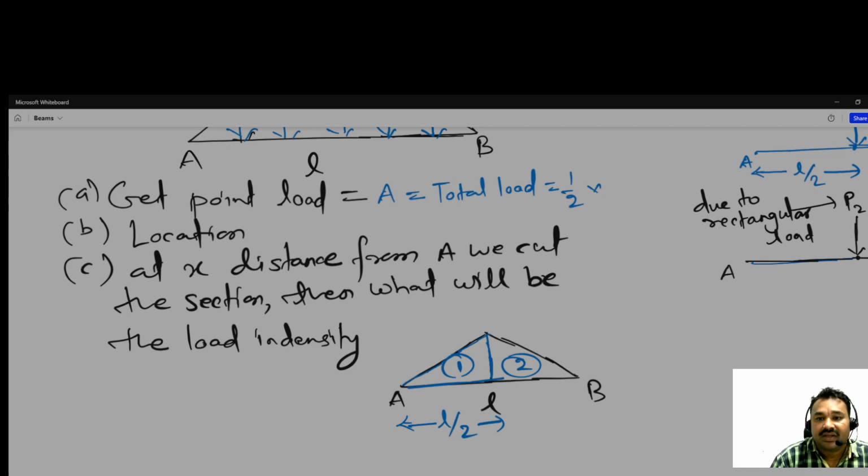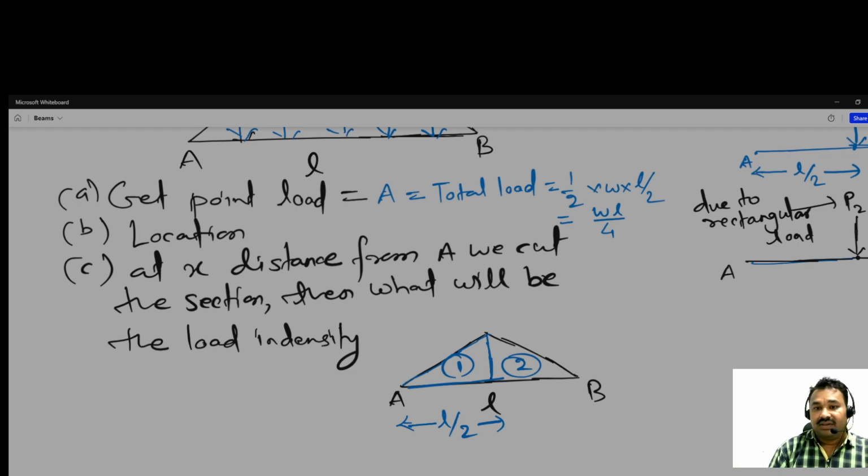So 1 by 2 times W times L by 2, so the load is WL divided by 4. We have converted that into a point load.